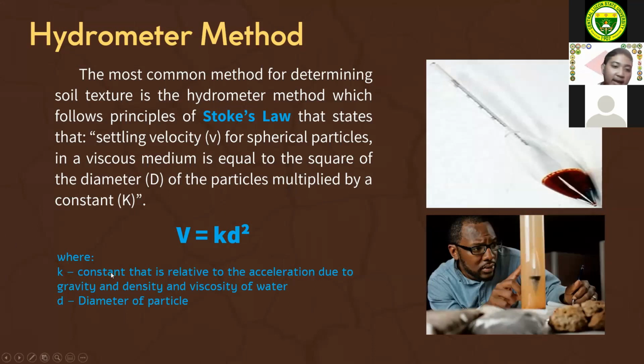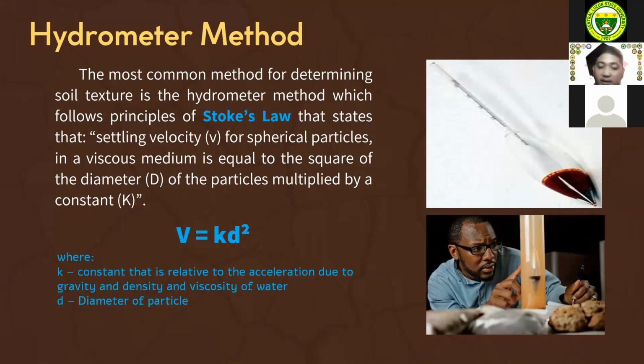Okay? So K is the constant that is relative to the acceleration due to gravity and density and viscosity of water. So K is a constant number which derives from the gravity, density, and viscosity of water. Then D is the diameter of the particle. So diameter of particle is given, di ba?